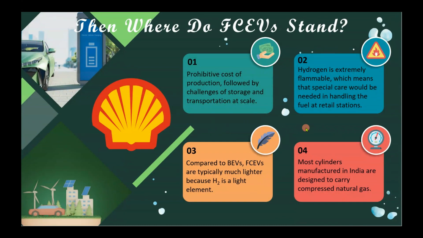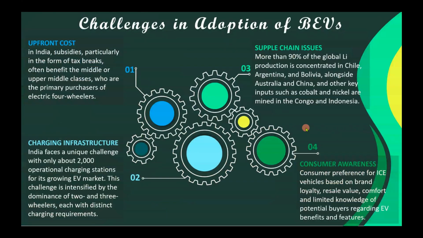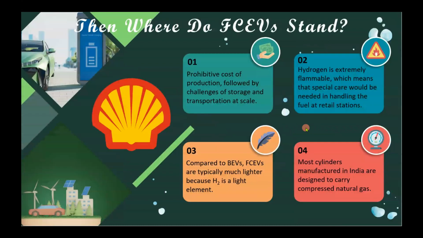So we had discussed the challenges in BEVs, and now we have to analyze where FCEVs, fuel cell electric vehicles that are powered by hydrogen, stand. Here I hope you recognize this symbol. This is Shell.